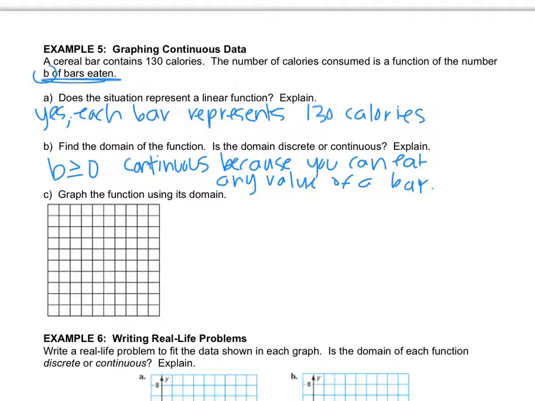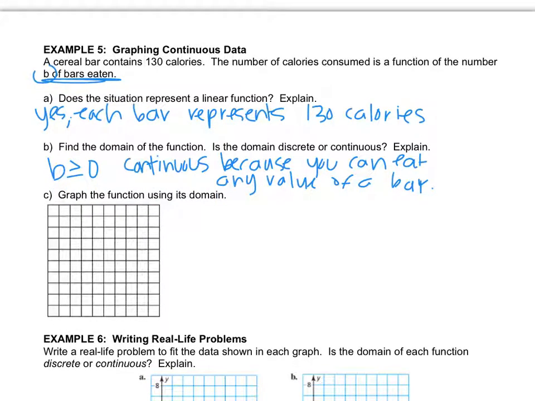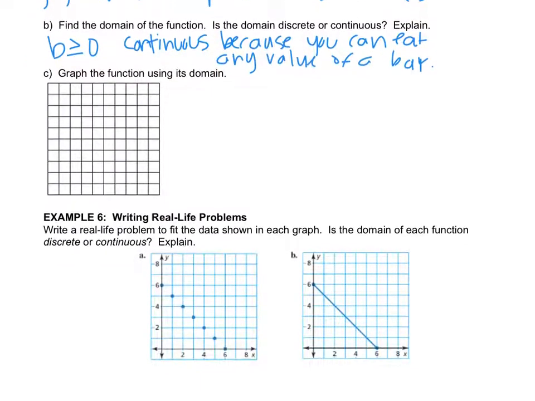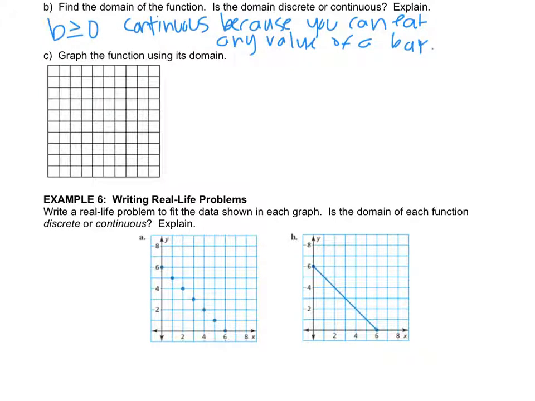Well, that's crazy. It happened again. So we're all going to stay in that first quadrant. And I'm going to label. So this stands for bars, and this stands for calories. And I'm going to label my axes. I can have 1, 2, 3, 4. And let's go 130, 260.